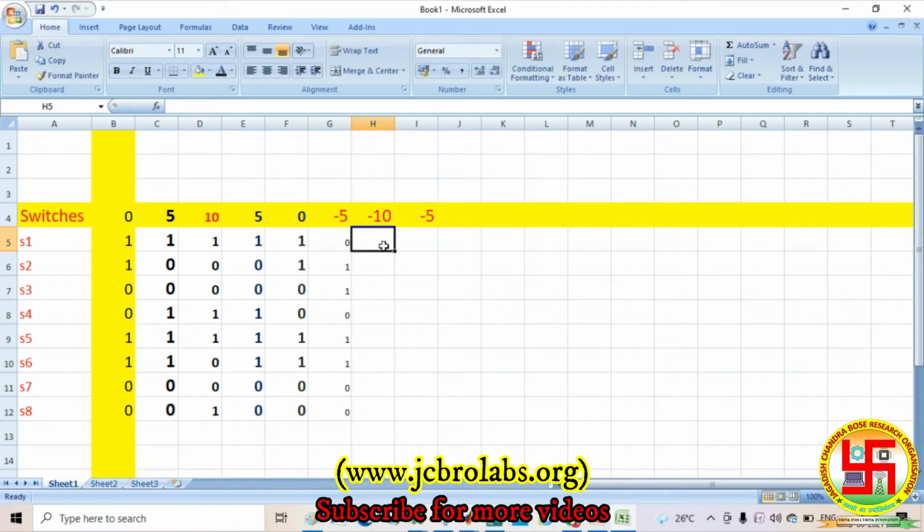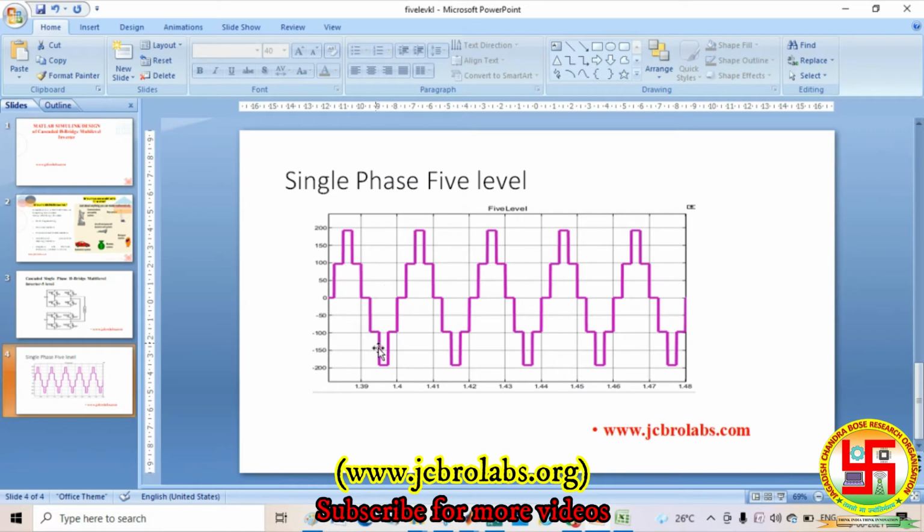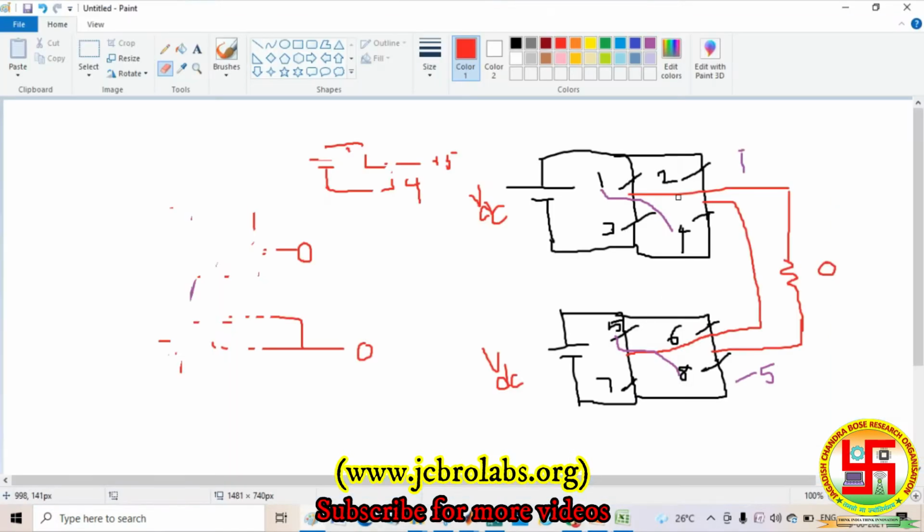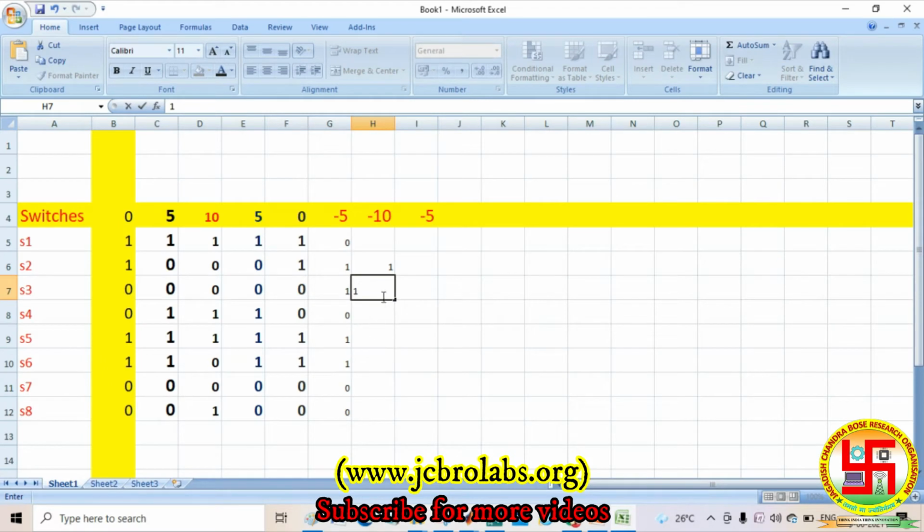Now for the minus 10 case, what we need to get: if we turn on 2 and 3, and 6 and 7, in this bridge I will get minus 5 and in this bridge minus 5. So totally 10 volts I will get.